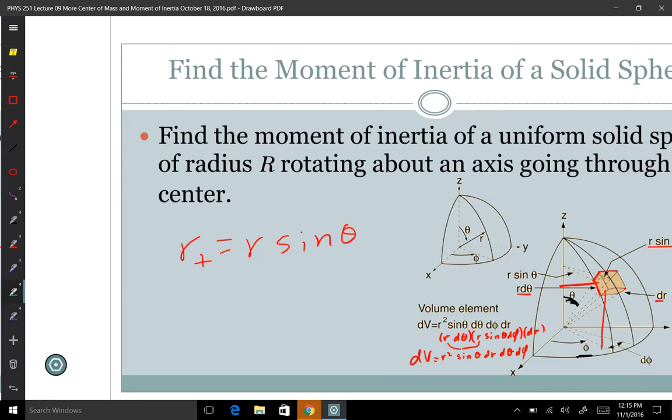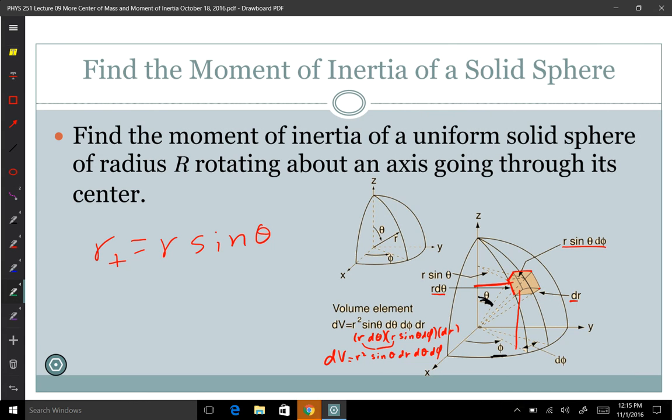Okay, that was cylindrical. Okay, so here's spherical. And you see the dV is r squared sine theta d theta d phi, and that goes with having phi in the xy plane and theta being the vertical angle. That is what I did today, so I did do it right today.